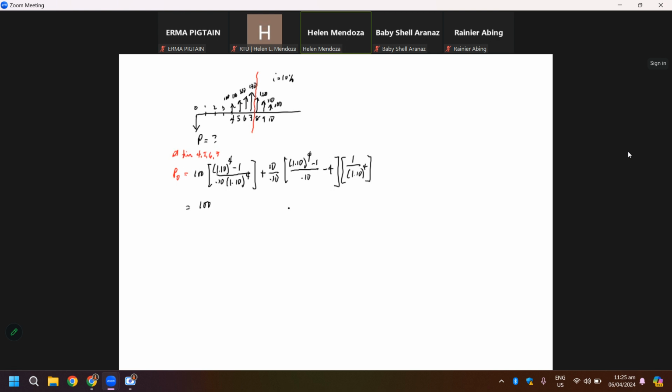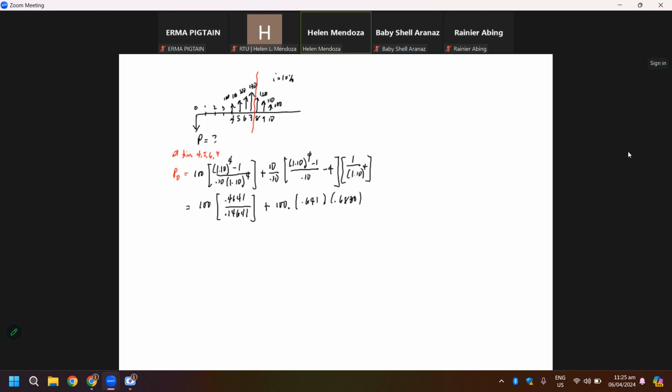So this is 100. We may do the checking. So this is 0.4641. This is 0.14641. Then we have 100. Then the multiplier 0.641. And the multiplier 0.6830.